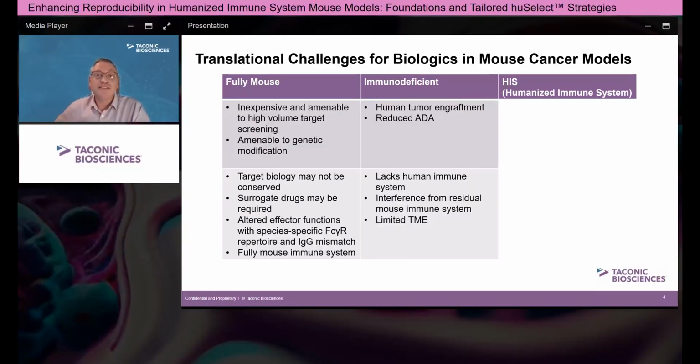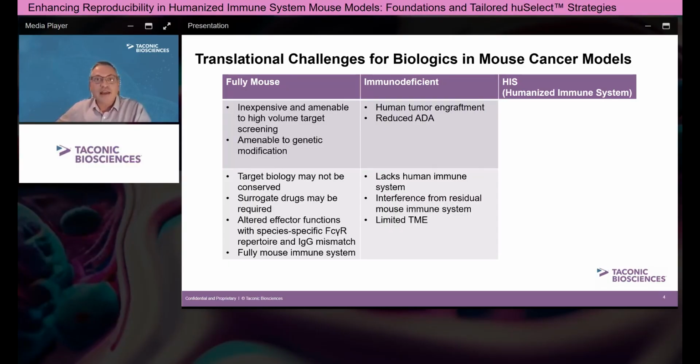Of course, immunodeficient mice and engrafting them with human xenograft tumors, CDX or PDX, offers some real advantages, right? Here you can study directly human tumors because these are typically very immunodeficient animals. Anti-drug antibodies are typically not a concern.